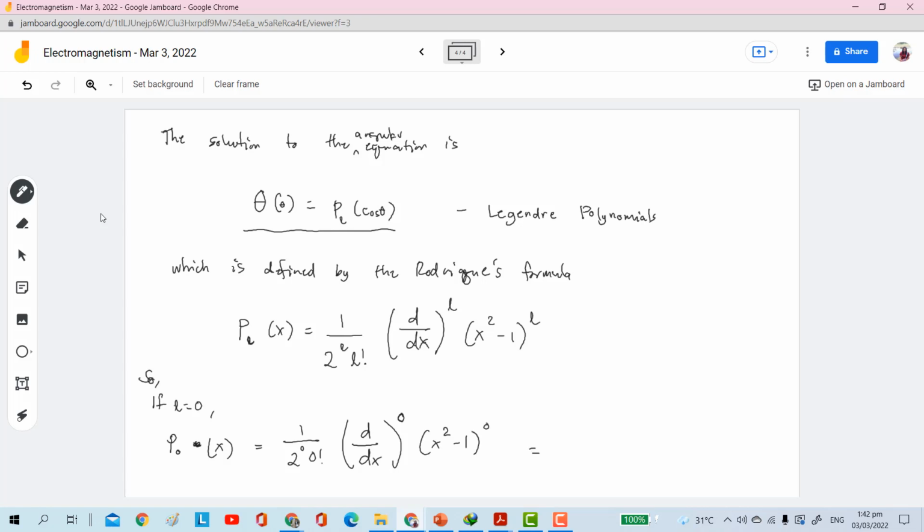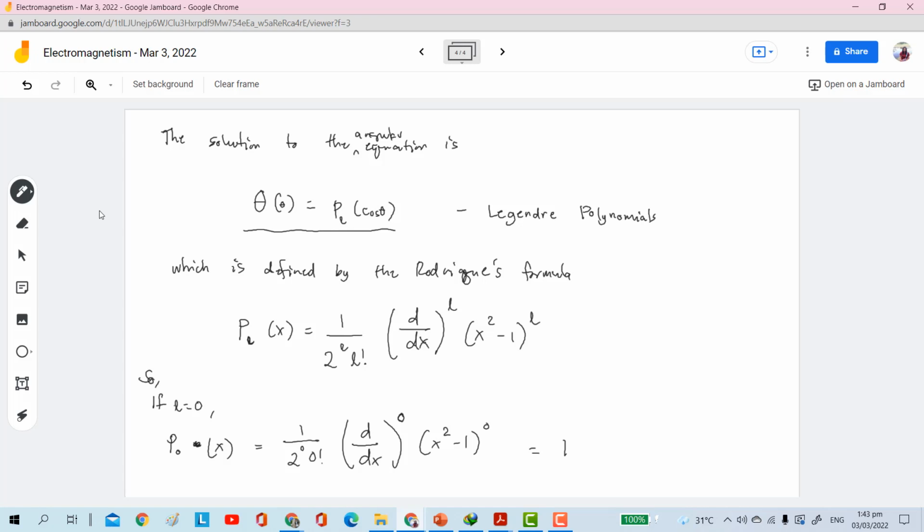Okay, so your P sub 0 of x is equal to 1 over 2 raised to 0. Any number raised to 0 is 1. And 0 factorial is equal to, calculate 0 factorial on your calculator.